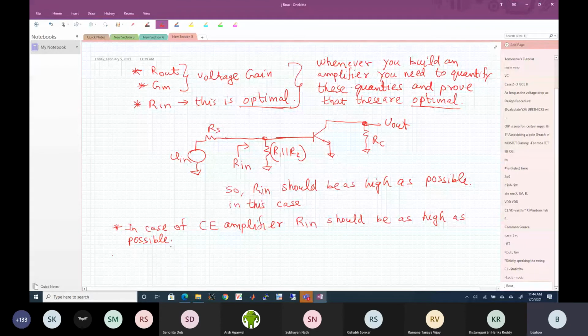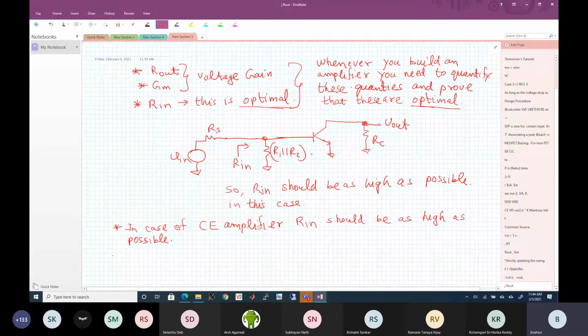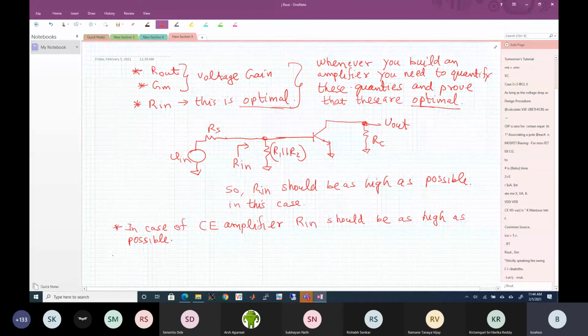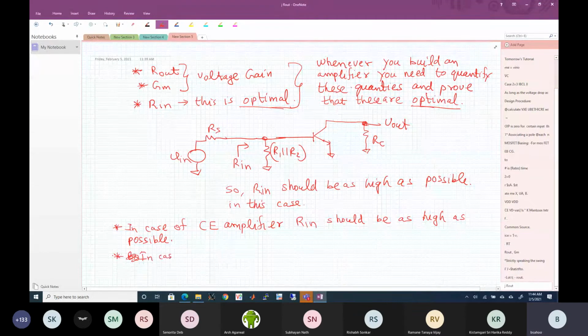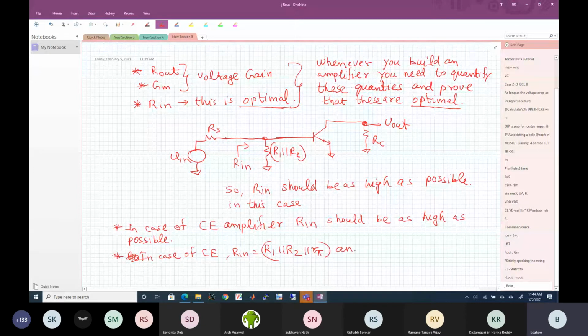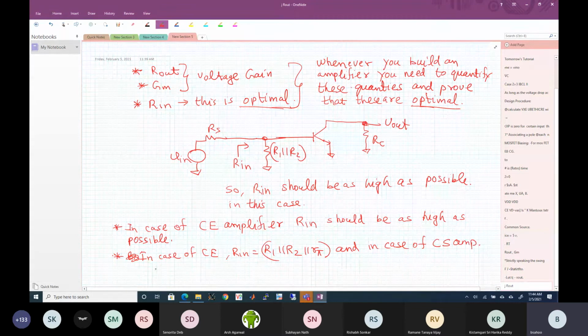In case of common source, what will happen? Rpi is not there, so it will be just R1 parallel R2. Which means in case of common emitter, Rin equals R1 parallel R2 parallel Rpi, and in case of common source amplifier, Rin equals R1 parallel R2.